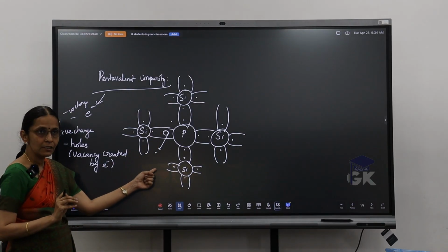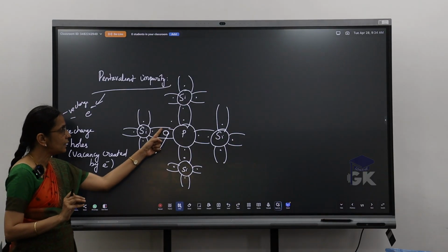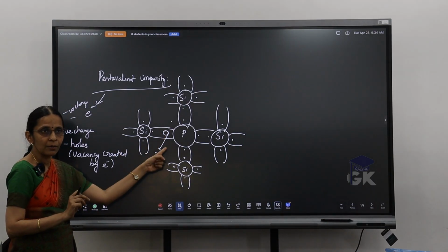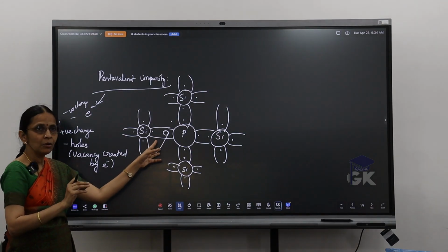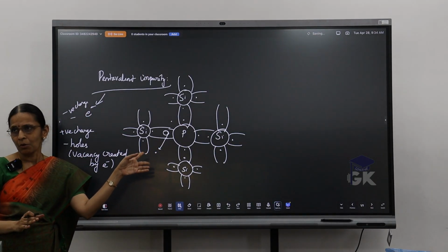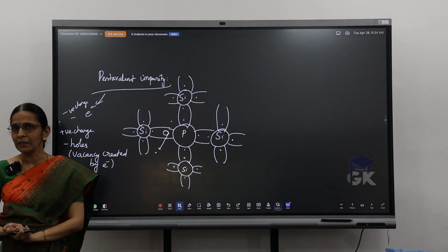The electron gets dislodged, and as a result, there is a vacancy there. That vacancy is nothing but a hole, right? Now there is a hole, so an electron from somewhere can come and fill this particular hole. That's how the conduction takes place in your semiconductor basically.